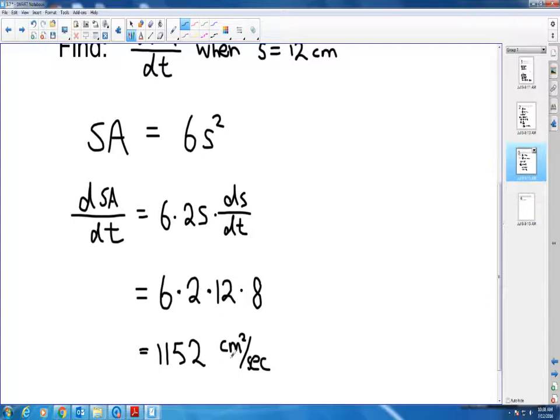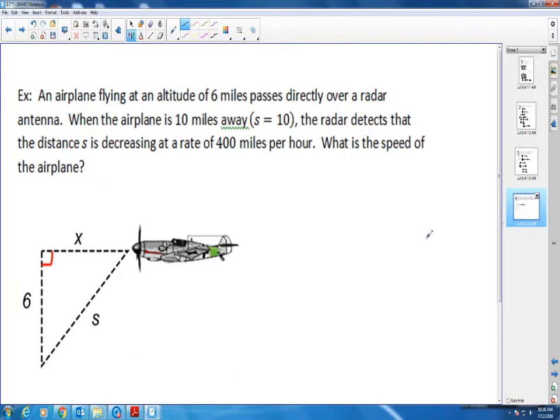And I got a real interesting problem here with the radar. The radar problem is very interesting. The problem says an airplane flying at an altitude of 6 miles passes directly over a radar antenna.